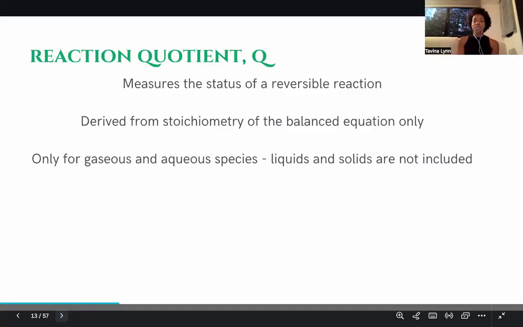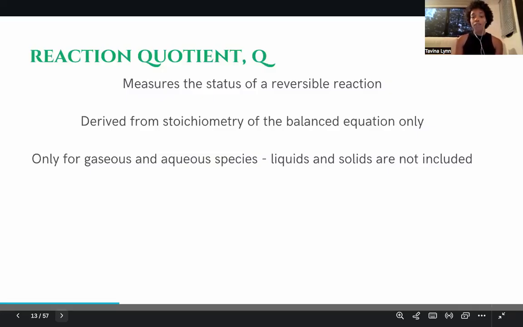So it measures the status of a reversible reaction, which just means that we can go from reactants to products and then products back to reactants, right? We do this back and forth, which is true for most reactions. There are some cases of irreversible reactions, but most of the reactions that we'll talk about are reversible.